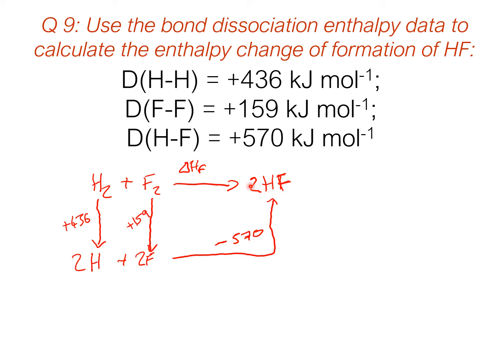So there's a couple of ways we can go about it. I'll take you through both of them. The first one is that we only want to have 1 hydrogen reacting with 1 fluorine to make HF, and therefore we can use half of these values.